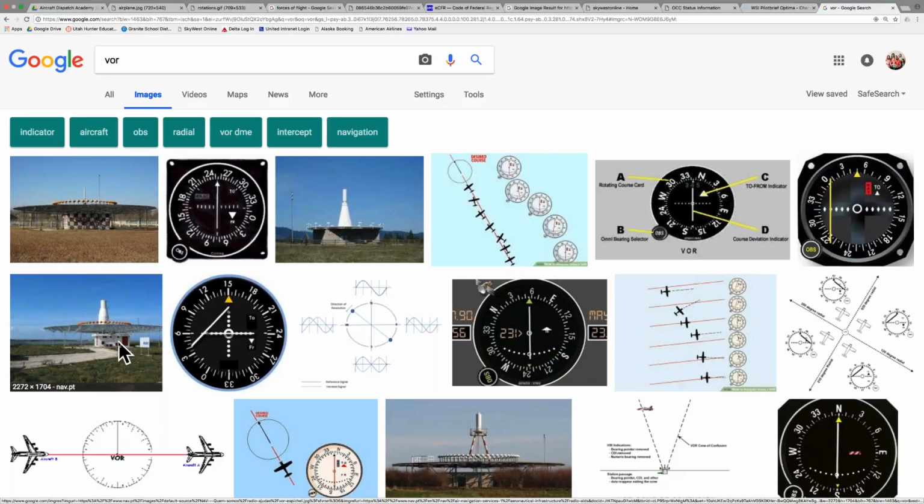Technically we should be able to receive it clear back over Provo or way far away. We should be able to pretty much tractor beam right into the runway with that signal. But because of things that obscure the signal, like mountains and even tall buildings, the signal isn't very clear, and sometimes there can be interference.